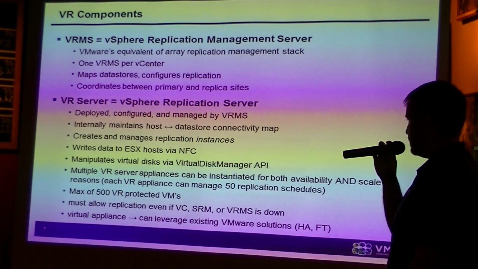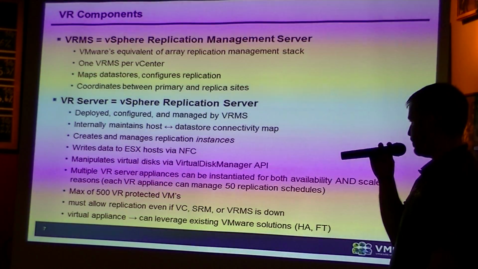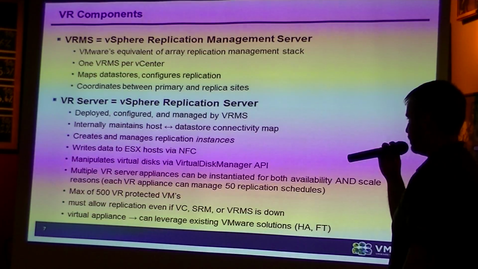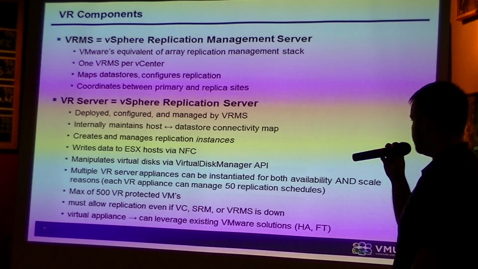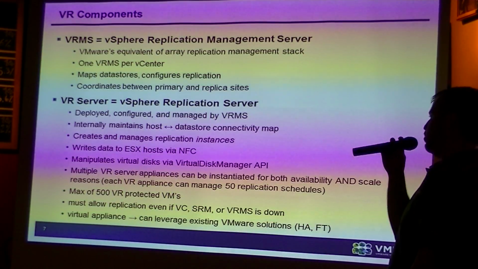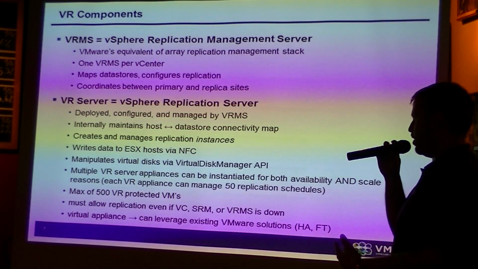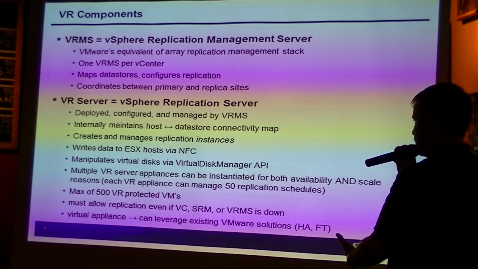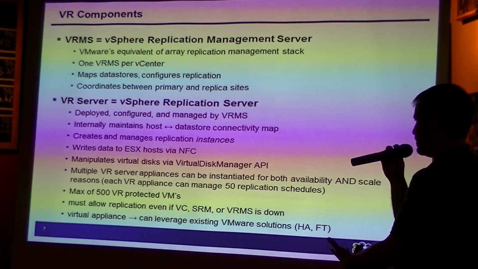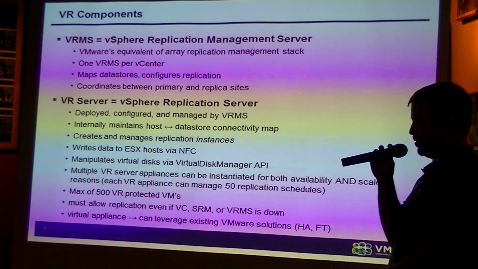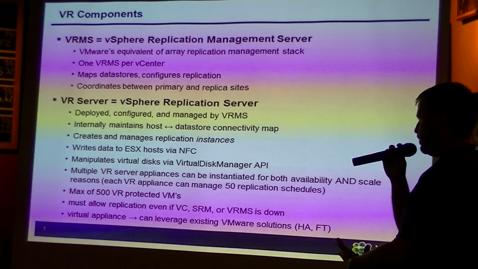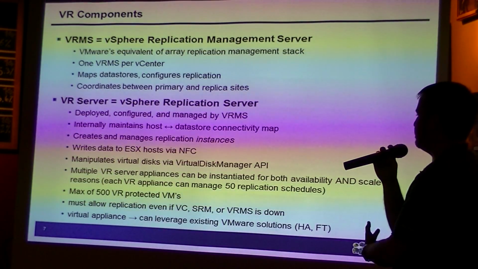The vSphere Replication Server itself is managed by the management server. Basically, it connects the host on the primary site and the vSphere Replication Server on the replica site, because each of the hosts has a service running within it that sends the data off to the replica site.